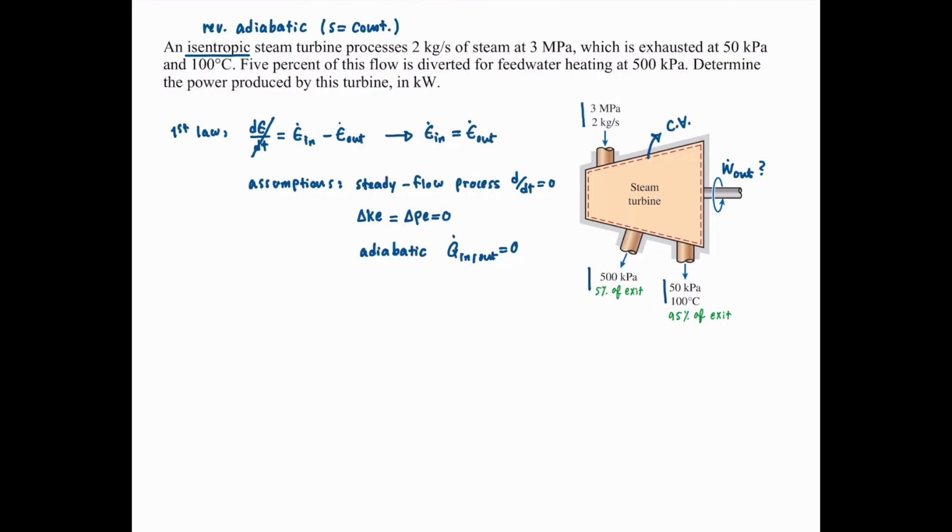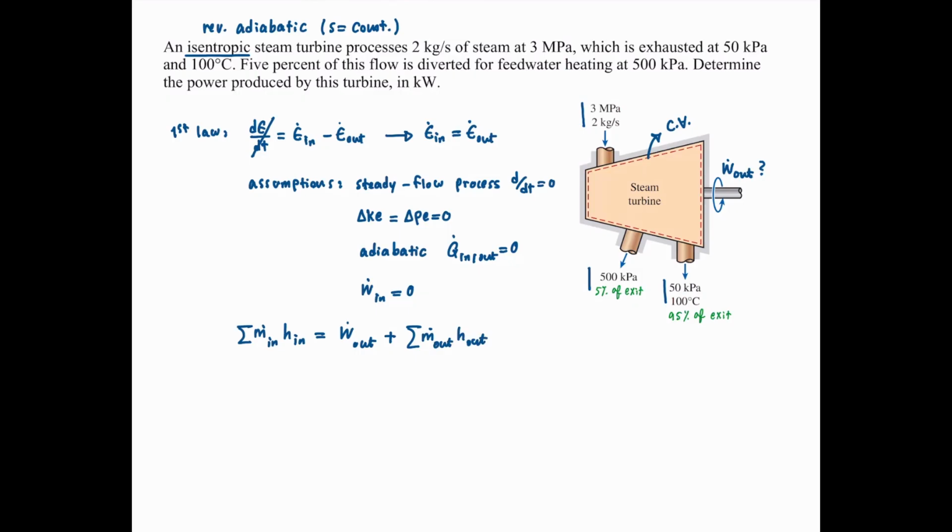And we know that turbine is a work producing device, so W dot input to the turbine is 0 as well. So first law of thermodynamics, E dot in equals E dot out, or sum of m dot in h in equals W dot out plus sum of m dot out h out.